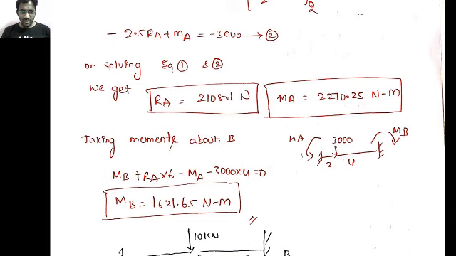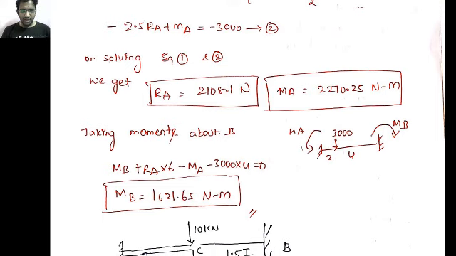MA is anti-clockwise, so minus MA, along with the load 3000 into 4. Load into perpendicular distance comes anti-clockwise, so that's why I keep minus 3000 into 4 is equal to 0. Taking moments about B is equal to 0, and finally I got 1621.65 newton meter. So this is the normal procedure.